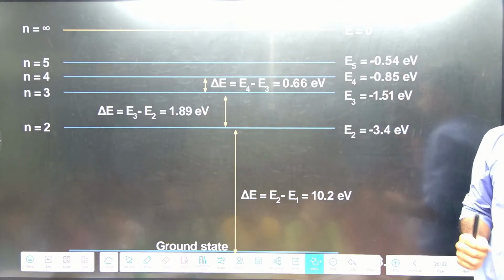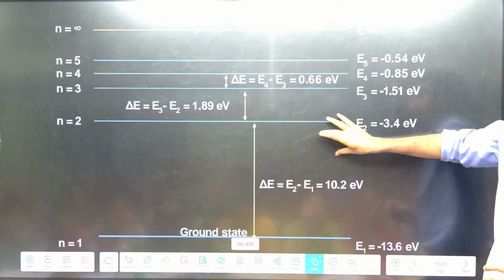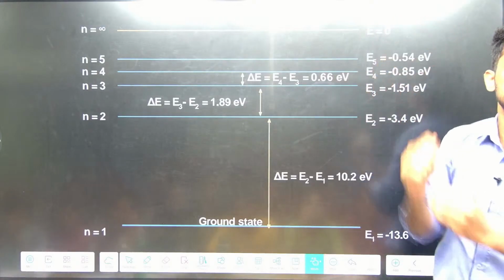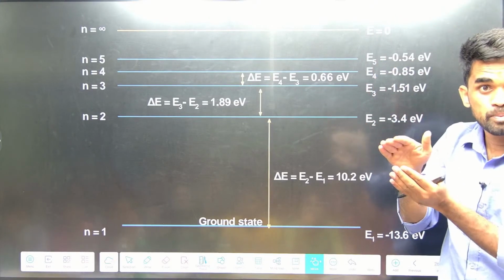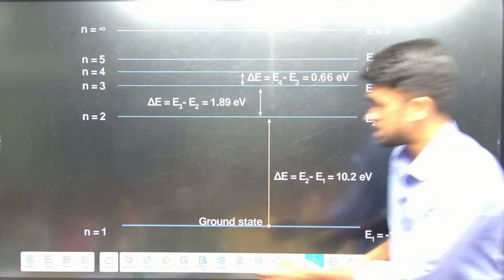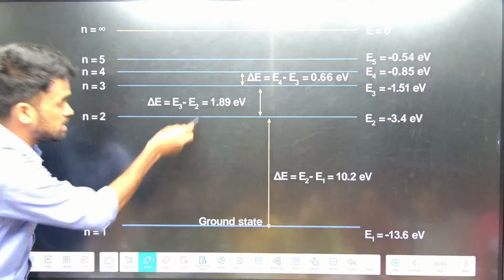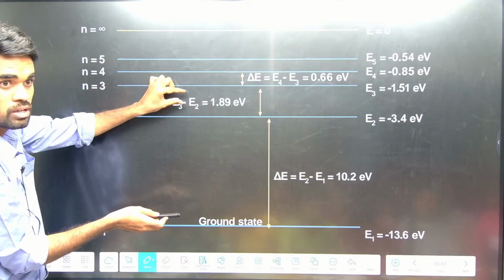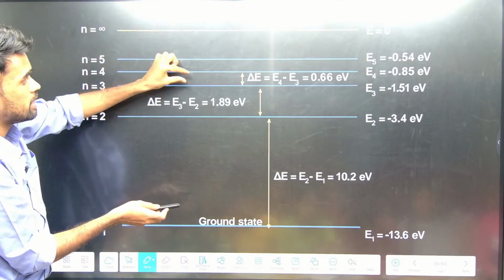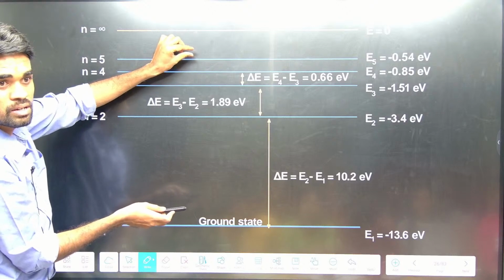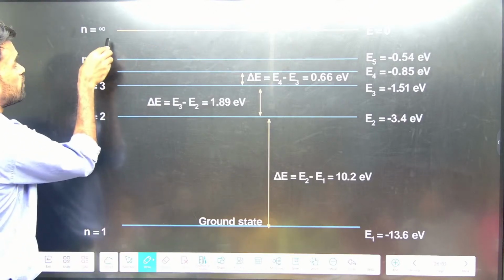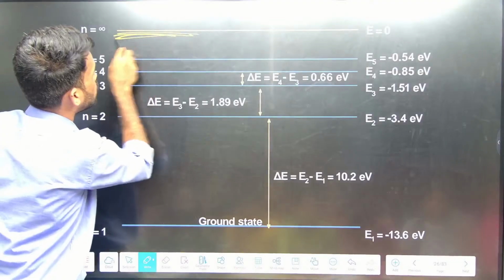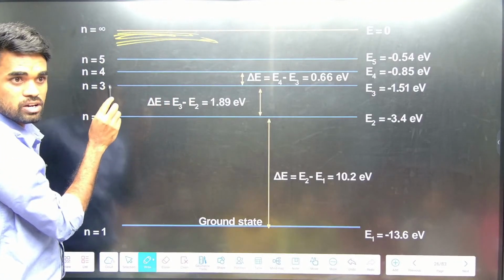Up to here it is clear. But observe the energy gap between two energy levels. For the first and second levels, this much big gap is there. But between the second and third levels, it is very small. As you move upside, the energy gaps become small. If you go to the infinite level, they are almost very close like this. Yes or no?